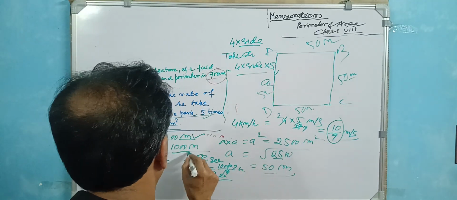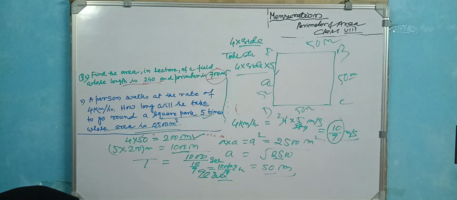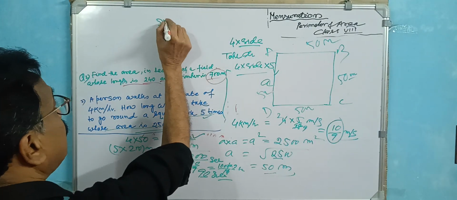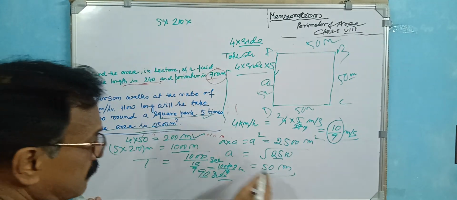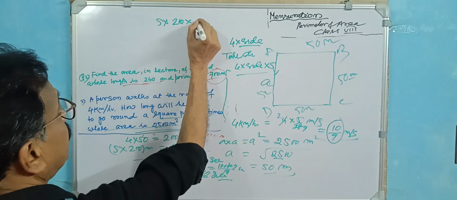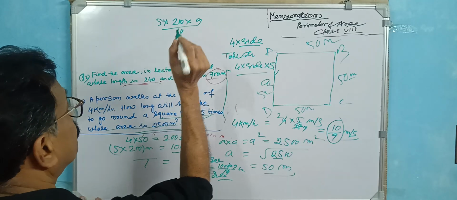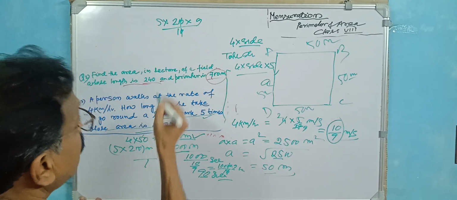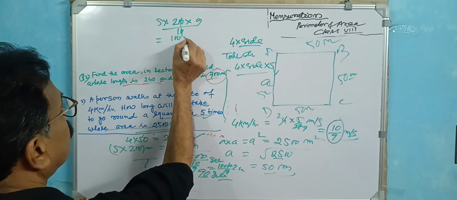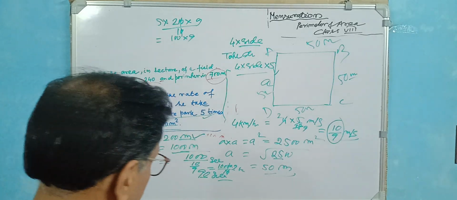So this is 100 meter. So this is 5 times 5 into this 100 meter. So one time you calculate 5 into 200 by this. The calculation is wrong here. One time this is 10 by 9, so 9 by 10. So this is 100 into 9.